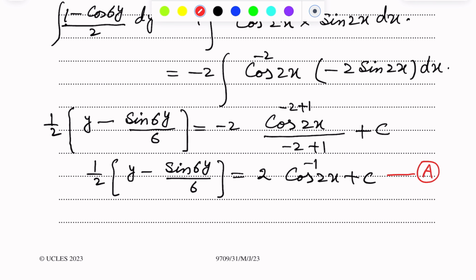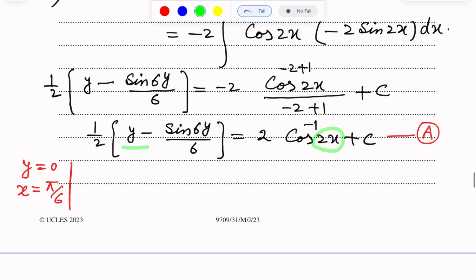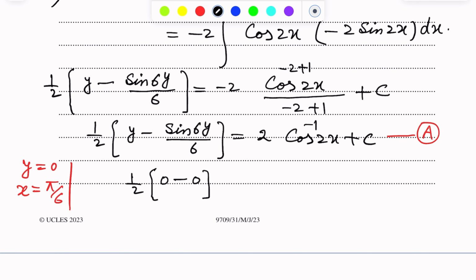Putting here the value of y and x, we get 1 over 2, the value of y is 0, so the first term is 0, the second is also 0 because sine 0 is 0.